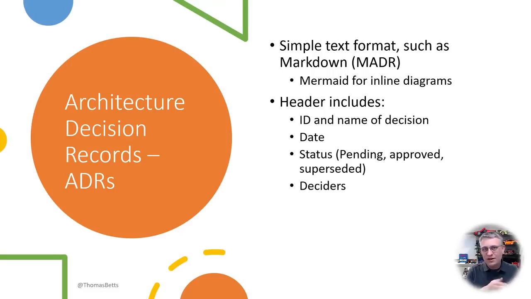Put down your name and stand by your decisions. That way, if someone has a question, they can come back and ask you, and you can review it together. The status is there because you should never delete an ADR. If you made a decision 6 months ago and you're making a new decision that changes that, you should change the status to superseded and explain, go look at this new one. And then the new one can refer back to say it supersedes the previous one.